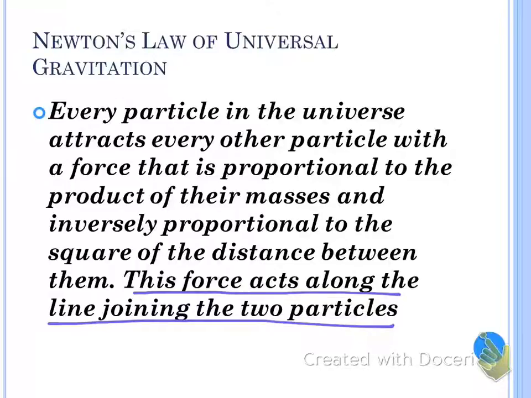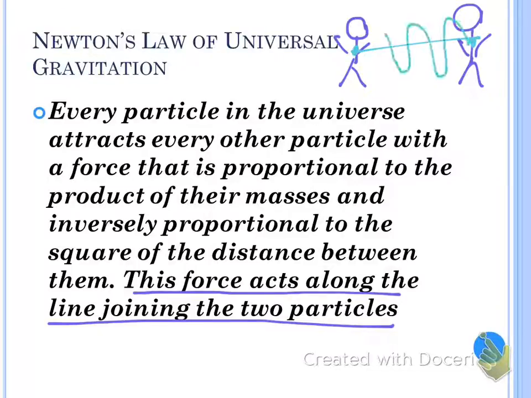But I want you to think about this. It says the force acts along the line joining the two particles. So if I have my little person here, my gravitational force would go basically from the center of each of those people straight across. Our force doesn't do anything crazy. It's not a wave. It doesn't go to the Earth and then come back. That's not how it goes.